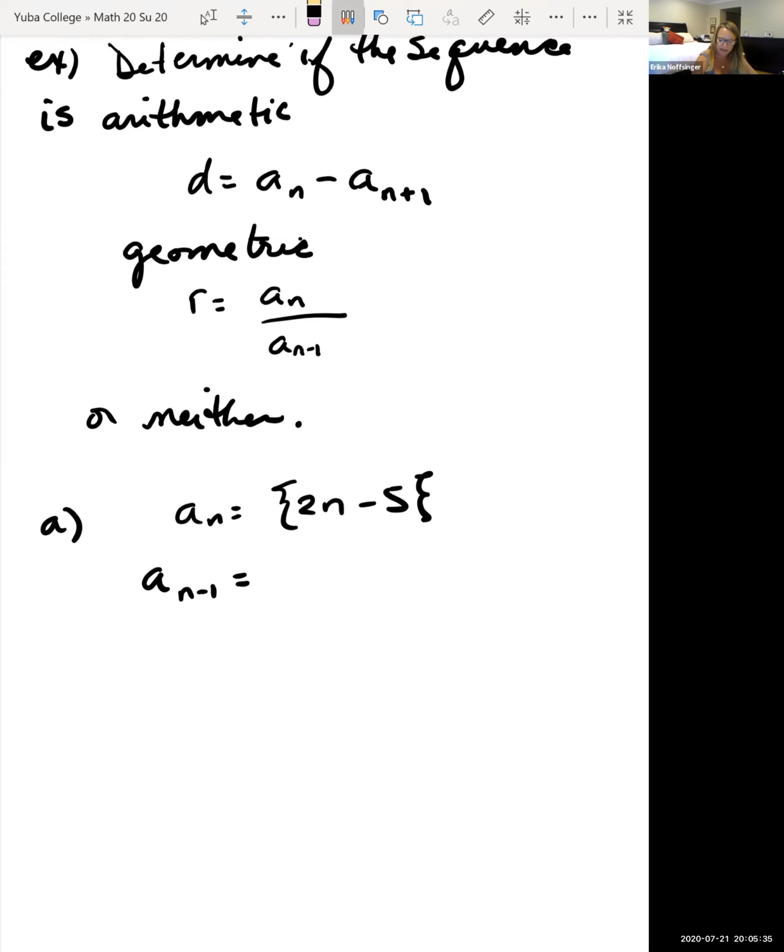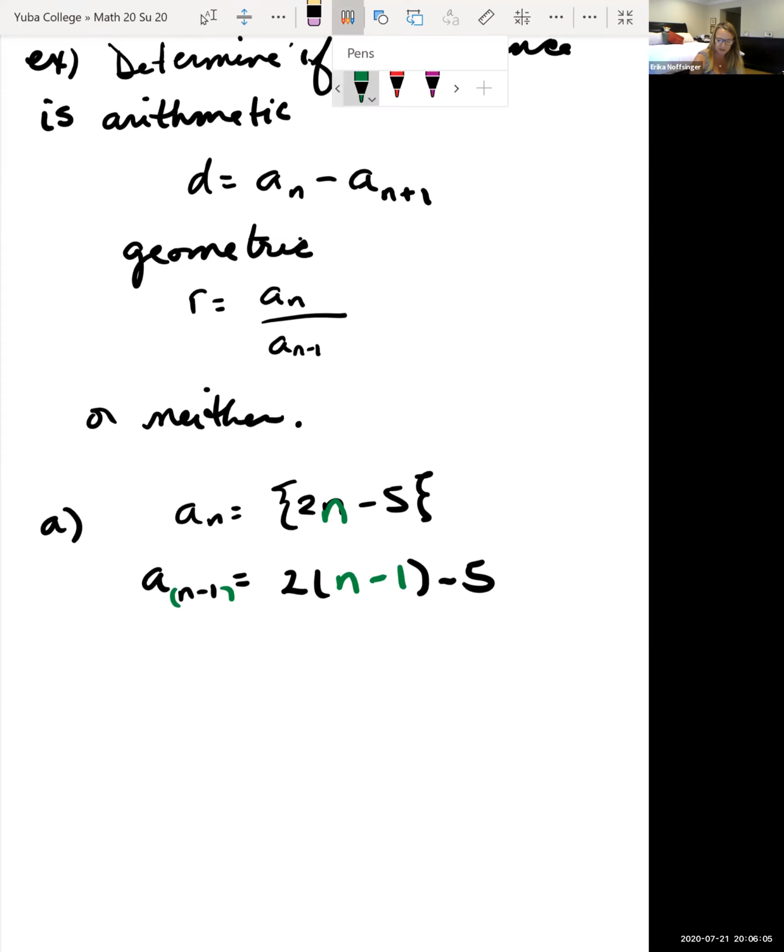Wherever we see an n in the formula that gives us the nth term, we plug in n minus 1. So this equals 2, put parentheses, n minus 1, minus 5.